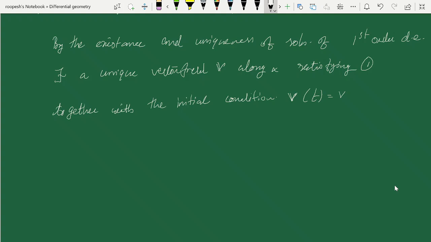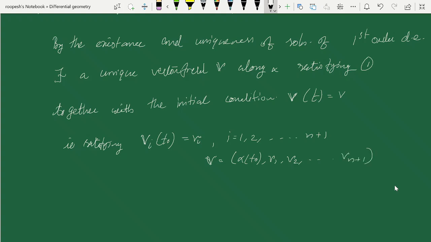That is, satisfying Vi of t naught equal to vi for i equal to 1, 2, etc. up to n plus 1, and V is equal to alpha of t naught comma V1, V2, etc. Vn plus 1.